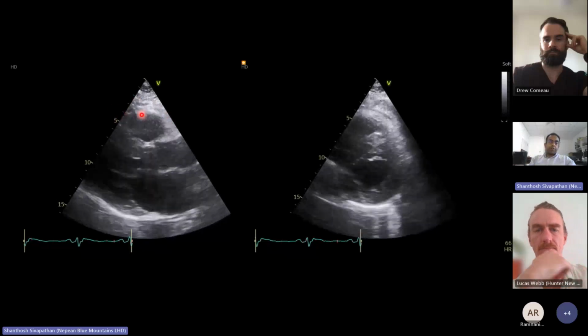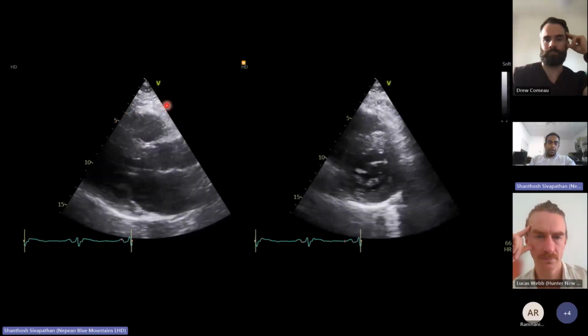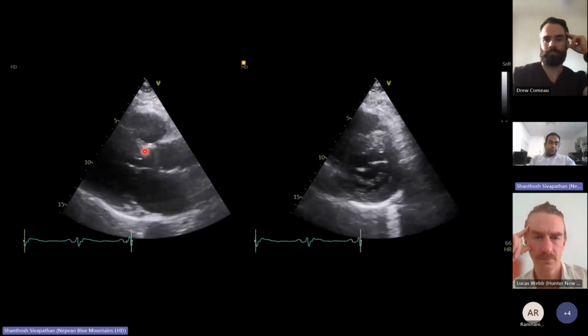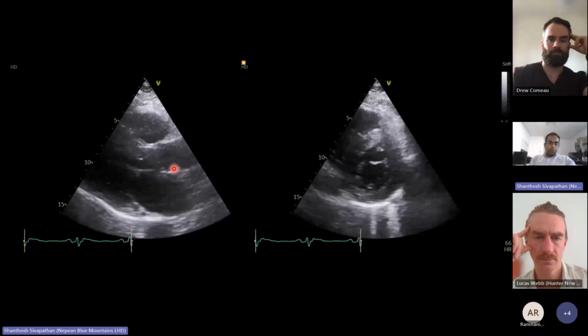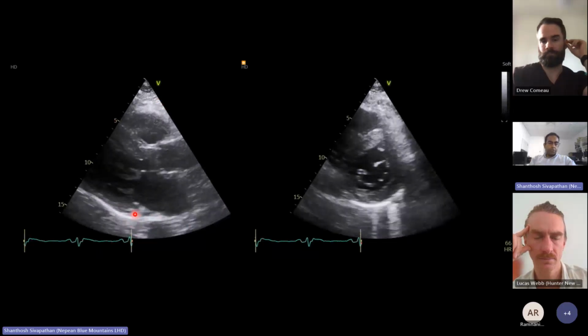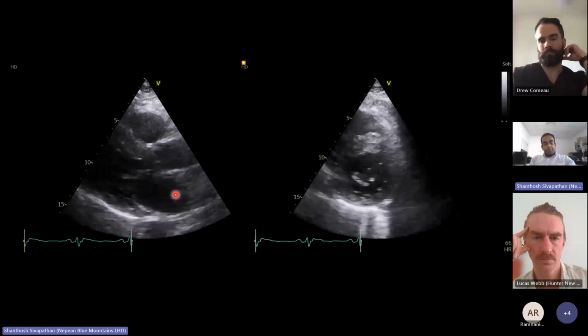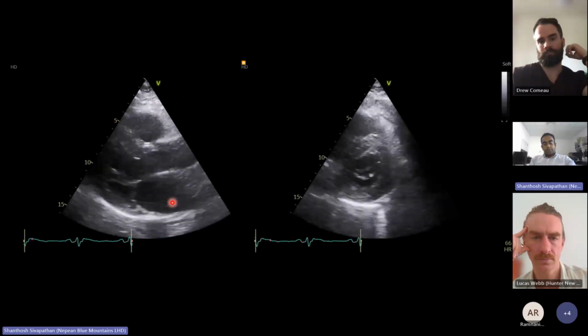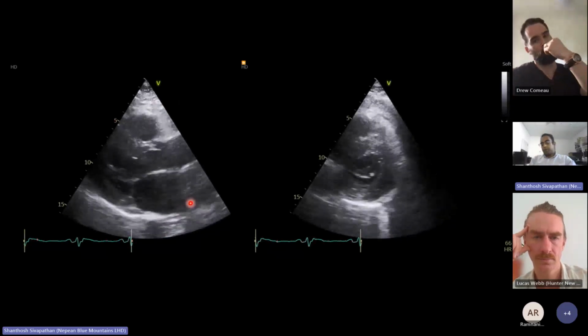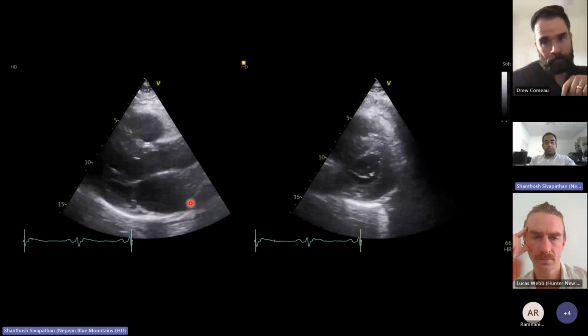Looking at the RV function, it looks like it's contracting reasonably well. The aortic valve appears to be opening and closing well. The mitral valve appears to be opening and closing well. The LA maybe seems mildly dilated, although I'll have a better quantitative assessment on subsequent chambers.